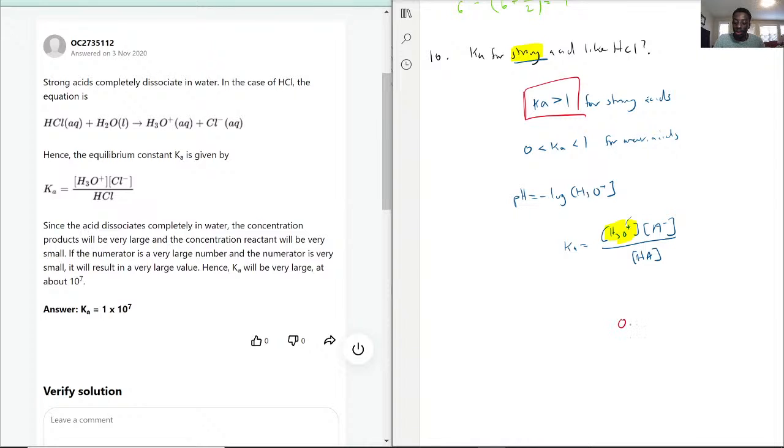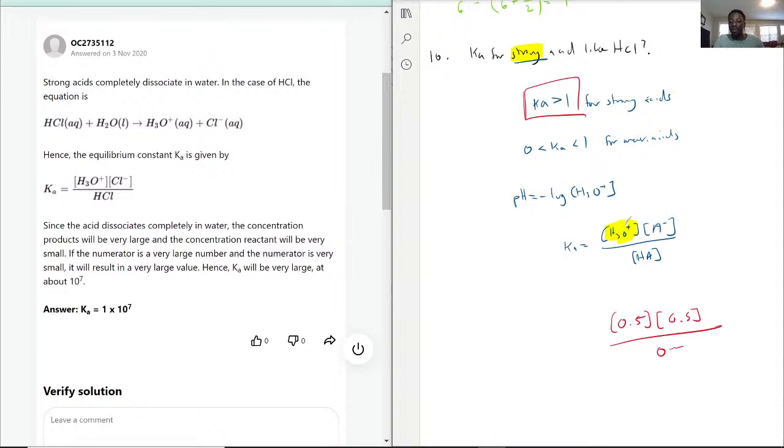It would be 0.5, because that's how much dissociates if we had 0.5 moles of HCl, and the denominator would be almost 0, because it completely dissociates. We have almost literally nothing left of it, which is why you can get such a monumental number of Ka, and why we cannot use this formula to solve for it, because you're almost dividing by 0. Once K is greater than 1, you can't really work with it anymore.